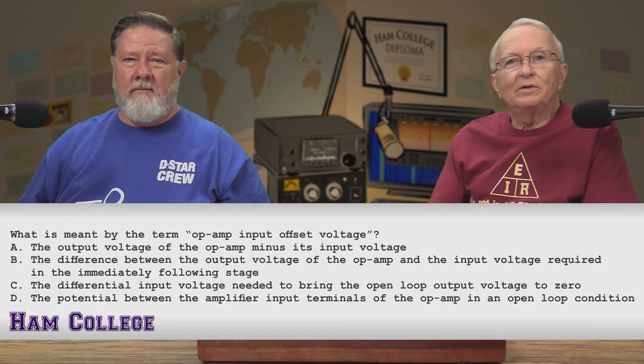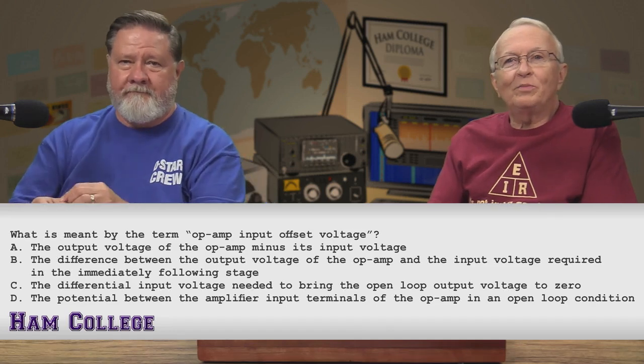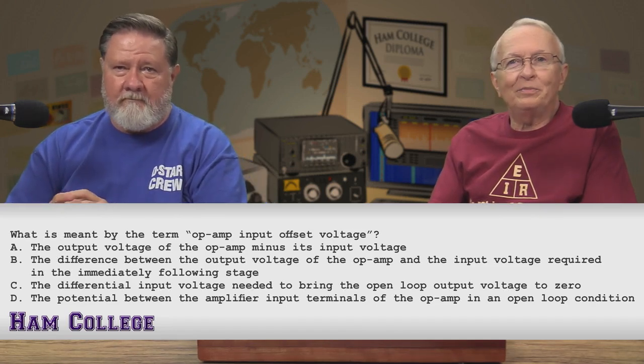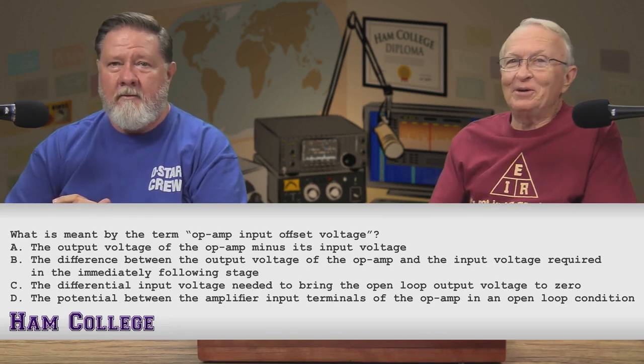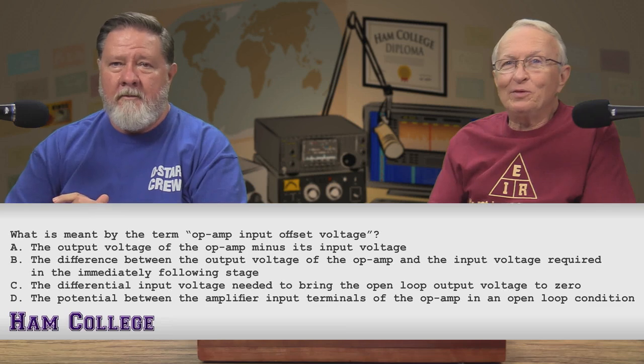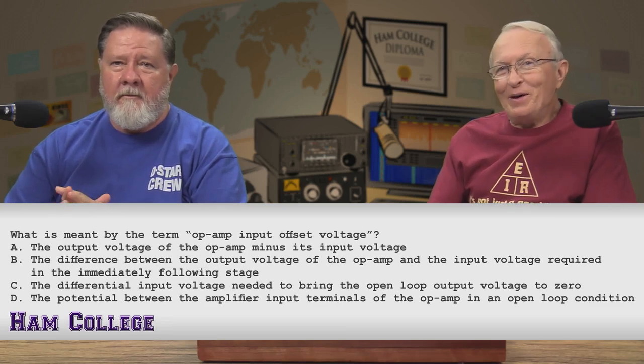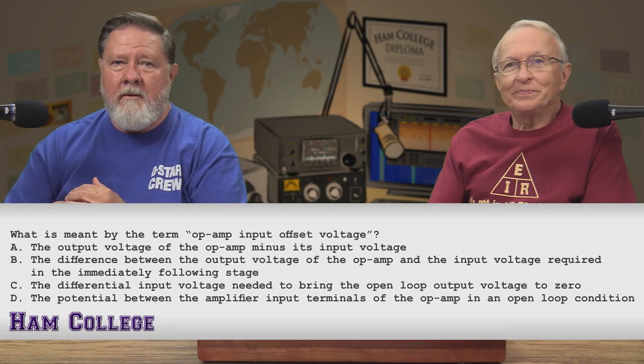I got a good one here for you. Ooh. What is meant by the term op amp input offset voltage? It's getting interesting now. A, the output voltage of an op amp minus its input voltage.